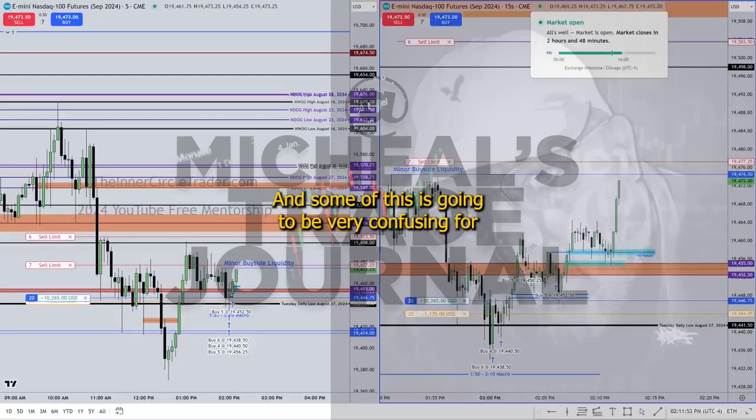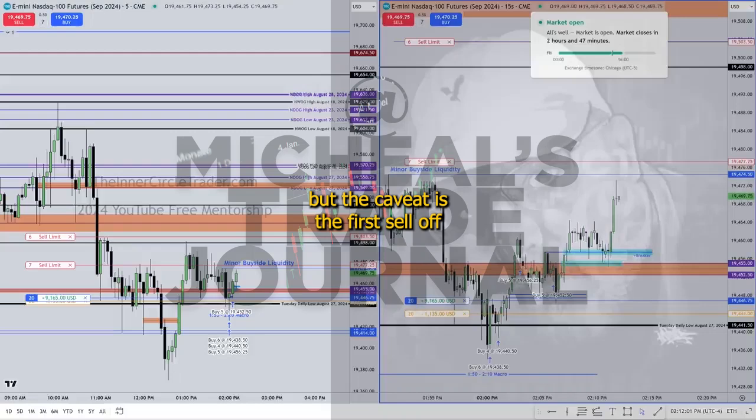I know that some of this is going to be very confusing for some of you that don't know what I'm talking about, but I promise you it's extremely simple. But the caveat is the first sell-off needs to go down 50% of the total range before you get to the sell side.